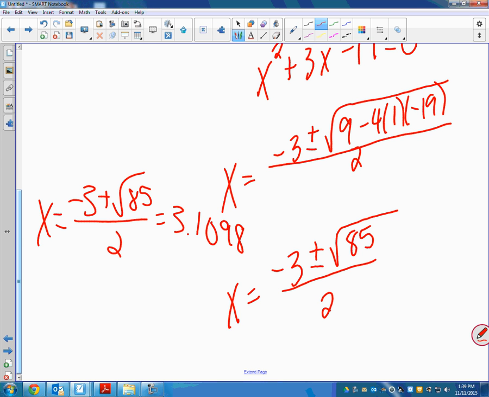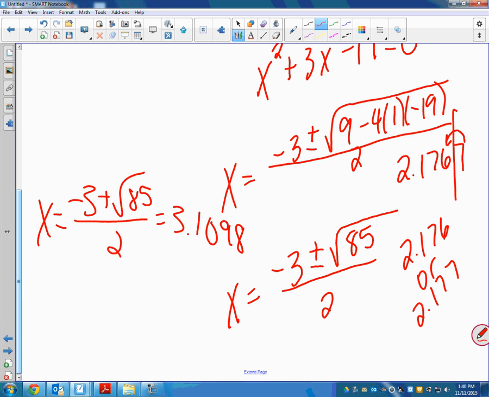And in calculus, you can round or truncate, which means you can write the first 3 and round with our rounding rules, or you can just write the first 3 and cut it off after that, and they count both of them right. Isn't that weird? So if that was the answer, 2.176 or 2.177 would both be correct answers, because you can round to 3 decimals, or you can truncate, which just means you cut it off after 3.